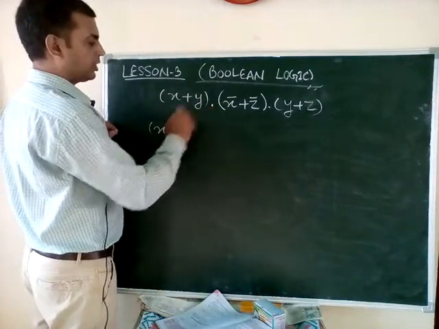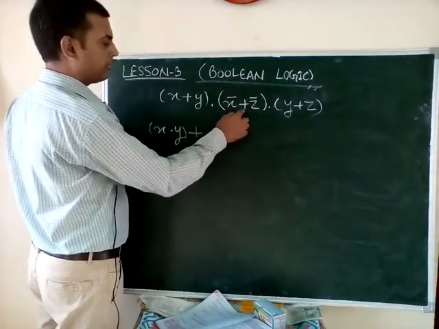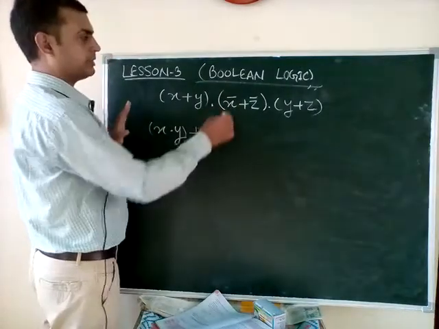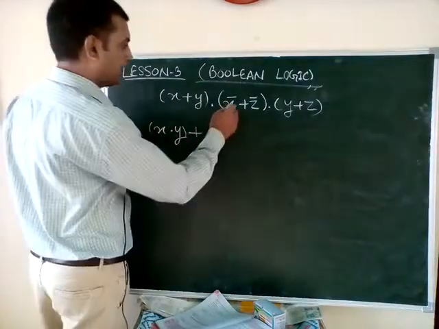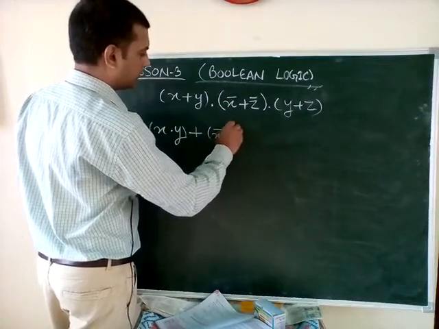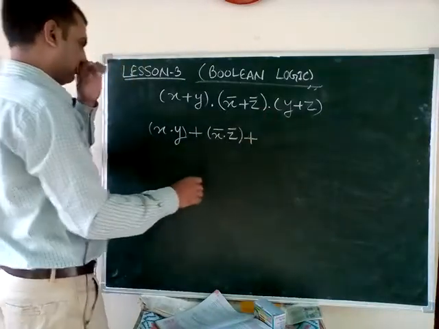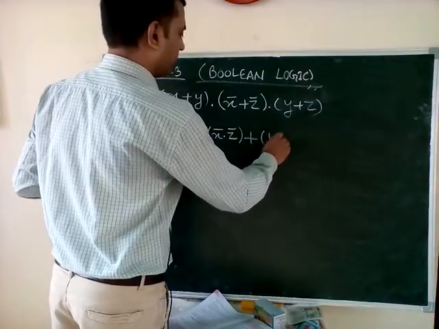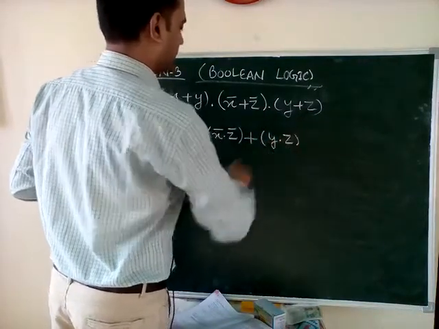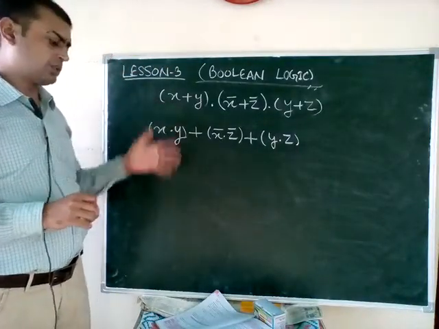You can see it is dot, so you will write plus. You can see this is plus, you will not do anything with this bar, remember this point. So you will write x bar dot z bar plus, this dot you will replace it by plus, and then y dot z. So this is the dual of this equation. Like this you have to solve it.